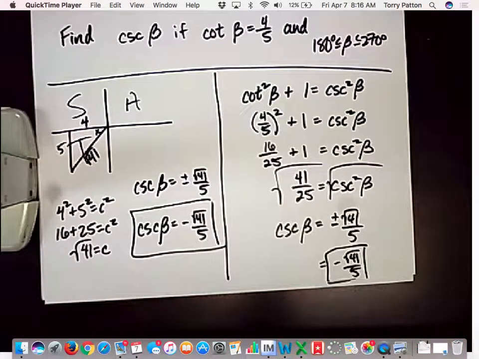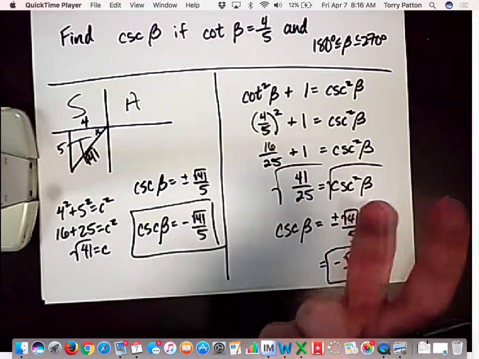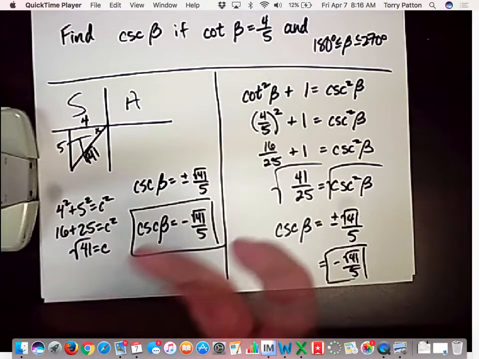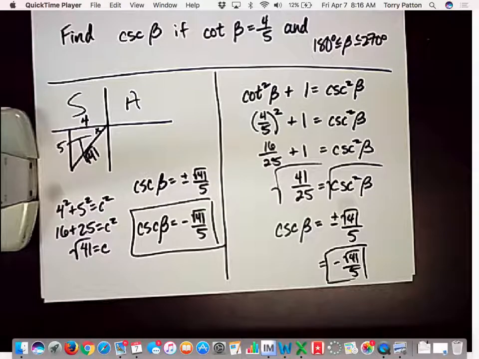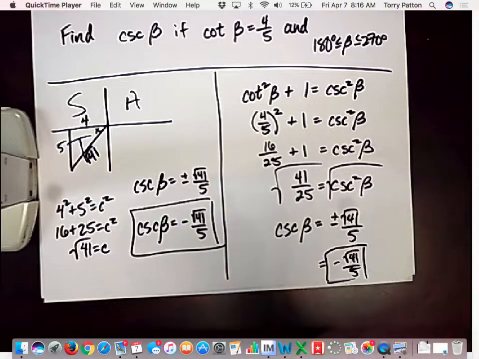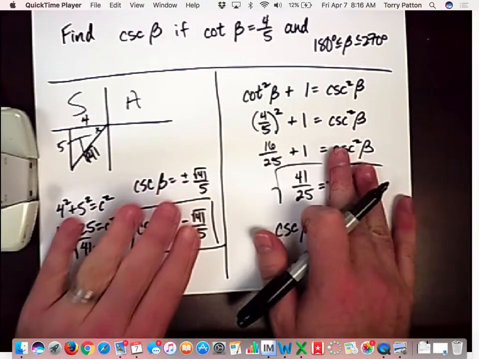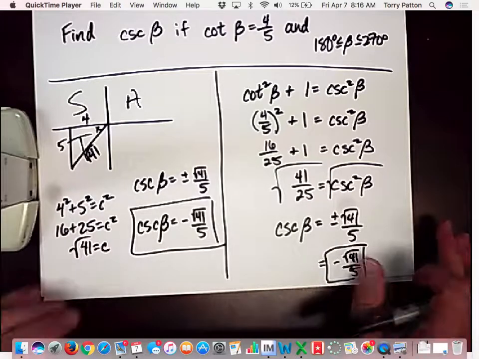But if you don't know which quadrant to draw it in, you can't do the triangle because you don't know what the angle would be. Does that make sense? You have to use the identities if it's in an unknown quadrant. But if it's in a known quadrant, I don't mind which one you use. You'll get the exact same answer.